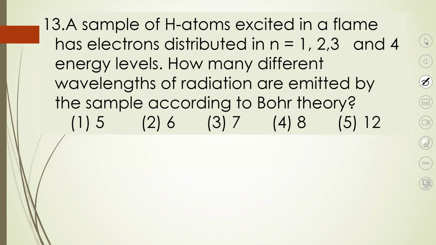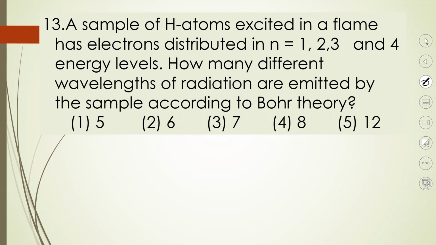Let's go to the next question. A sample of hydrogen atoms excited in a flame has the electrons distributed in n equal to 1, 2, 3, and 4 energy levels.